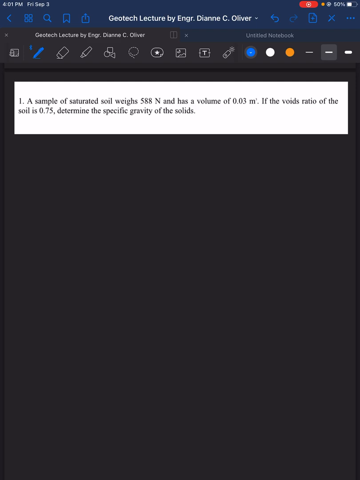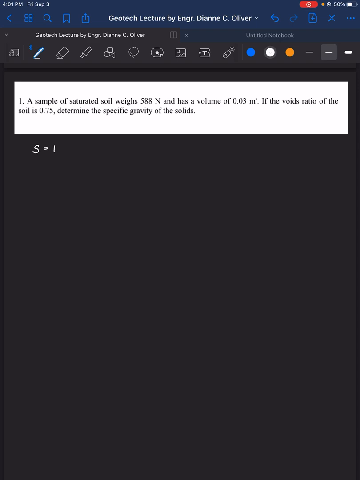If the void ratio of this soil is 0.75, determine the specific gravity of the solids. Okay, so let's write first the given. It says here that the soil sample is saturated. So if the soil sample is saturated, that means S is equal to 100% or S is equal to 1.